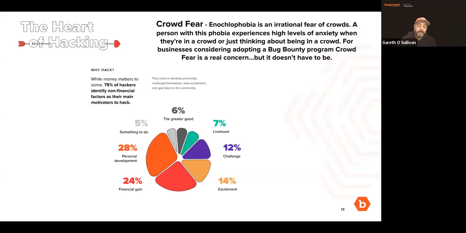And then 5% in this graph, it's just something to do. So there are different reasons. It's not always primarily financial, but being able to look after hackers for sharing their expertise is positive, and it means that organizations can use those skills they have access to make their organizations much more secure.